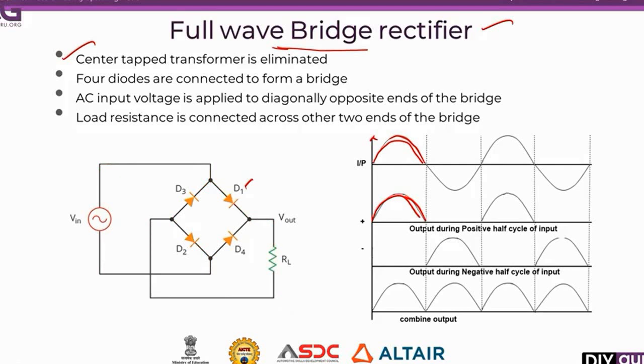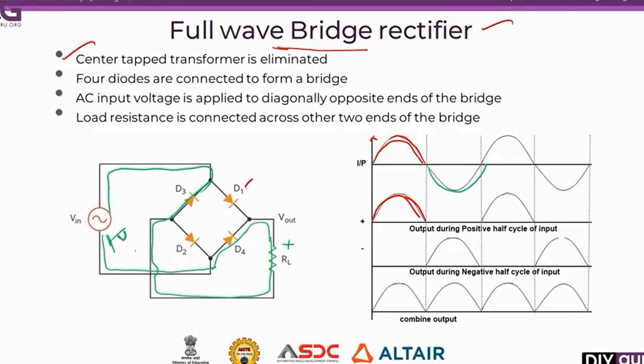Now I will explain the negative half cycle with a different color. I will use green color. During the negative half cycle, current will flow in this direction. Now the diode D4 will be conducting. During the negative half cycle also, the current flows through the positive of the load, then it flows through diode D3, then it reaches the source.